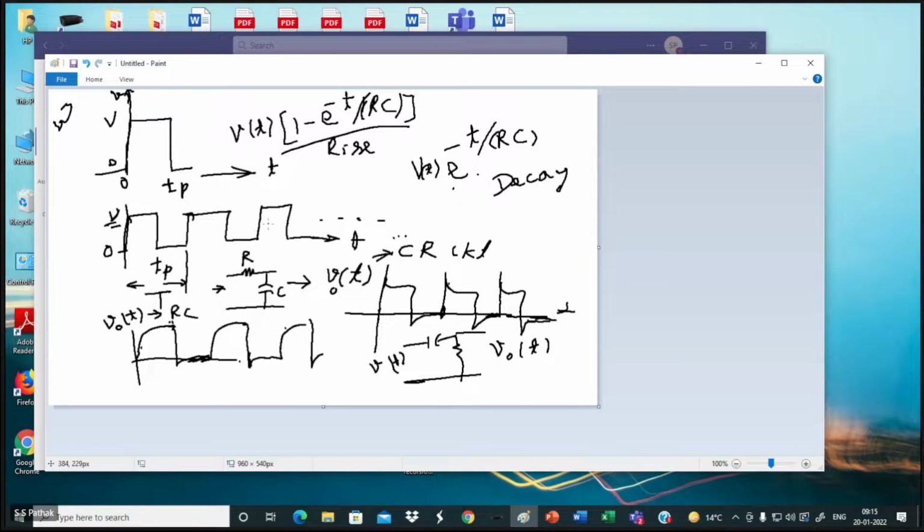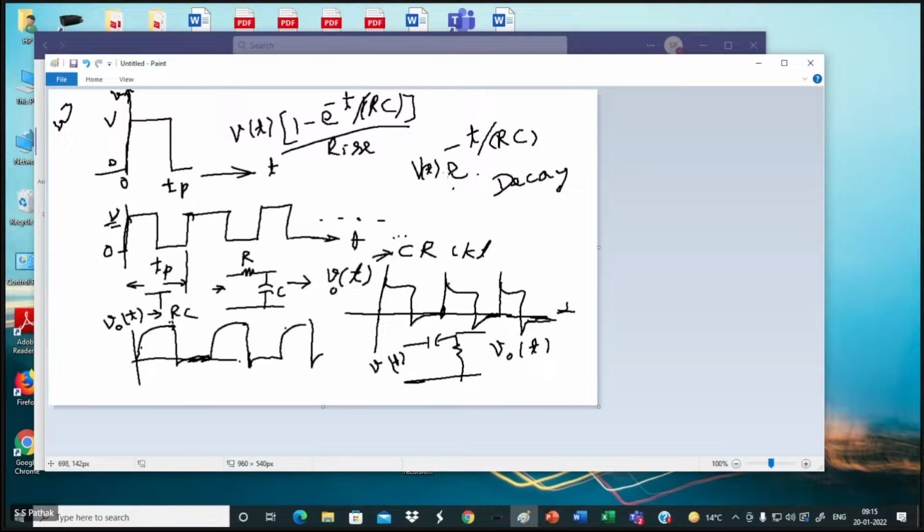I've shown you here, starting from 0, it is going like that. In case of decay, at t equal to 0, it is V, the amplitude of the pulse.